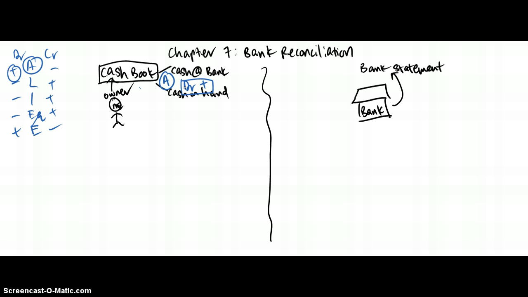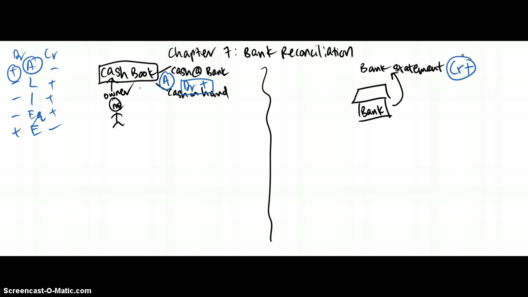Now let's go over to the bank side. If we look at the bank statement, you would typically see that if you have money in the bank, I repeat, if you have money in the bank, you will see a credit balance, and a credit balance is actually a positive balance to you. Why a credit balance?